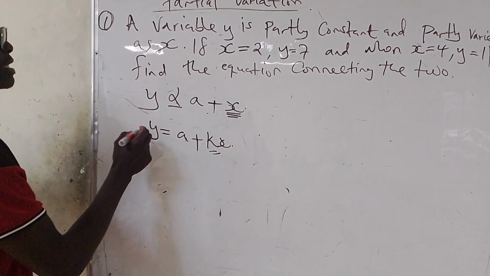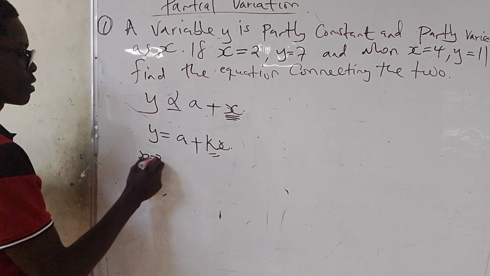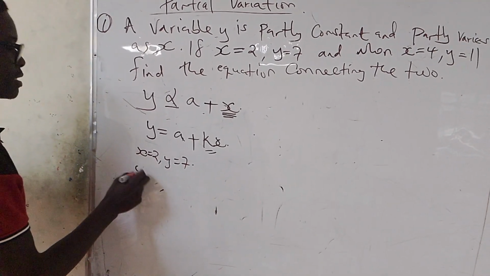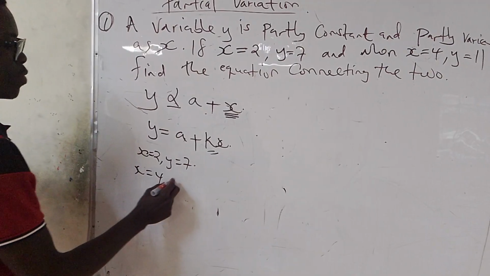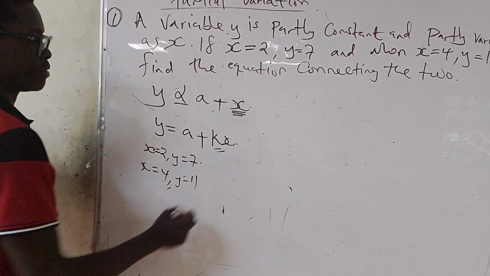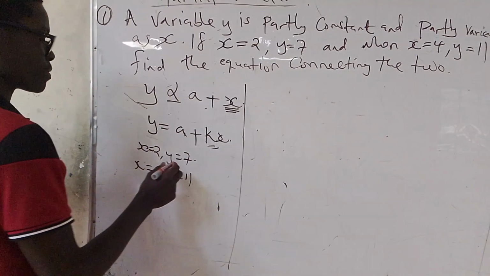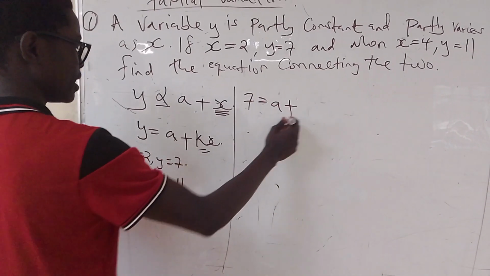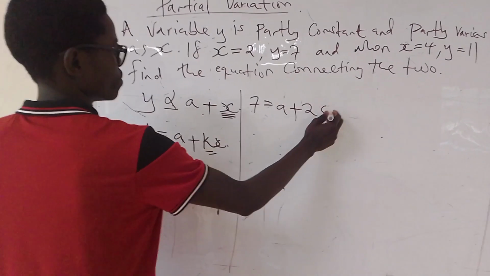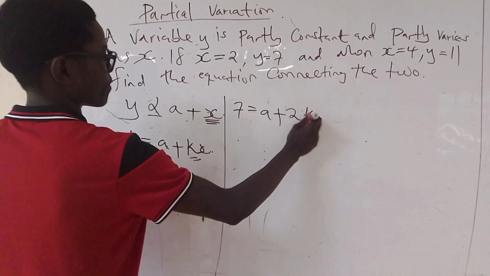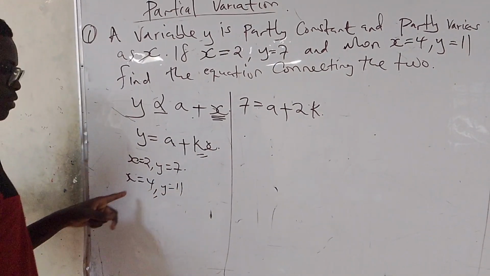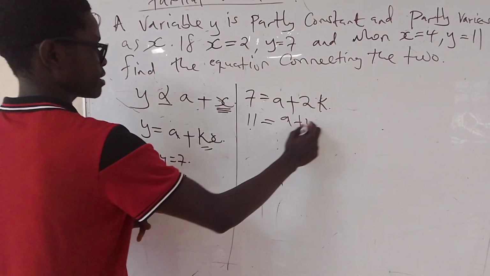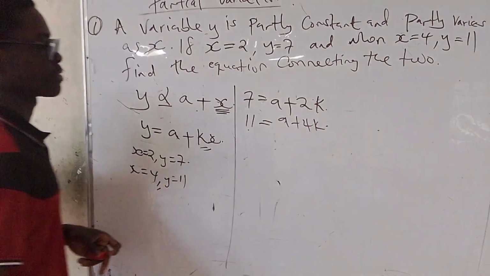So we are told if x is 2, then y is equal to 7. And when x is 4, y is equal to 11. So we say 7 is equal to a plus 2k. That is equation 1. Then equation 2, 11 is equal to a plus 4k.